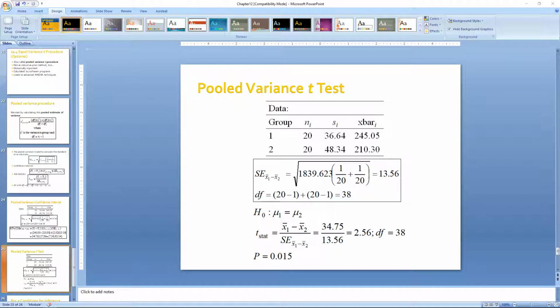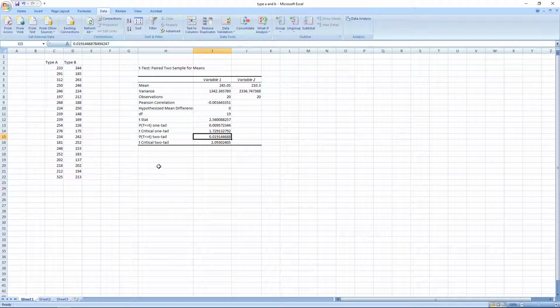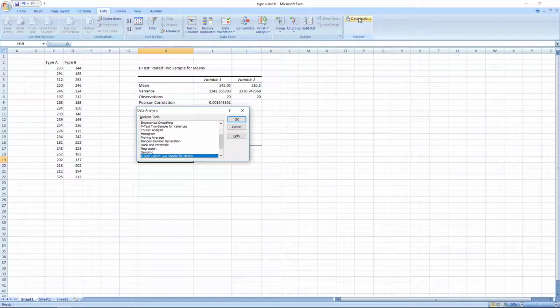Once again, I was going to show you this in Excel, so we'll pull up the Excel spreadsheet again. So the way we do it for equal variances, because that's what we were just doing, go to your data analysis tab here, and we just go to t-test two-sample assuming equal variances. Now SPSS does both of these. For Excel you can only run one at a time, and right now we're just doing equal variances, so I'll show you that.